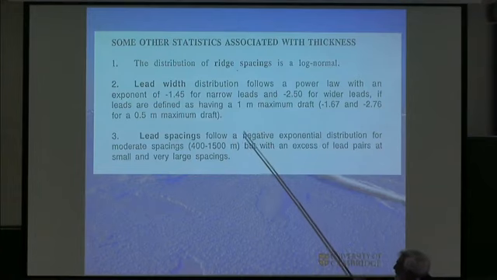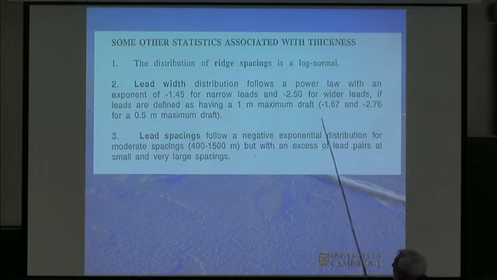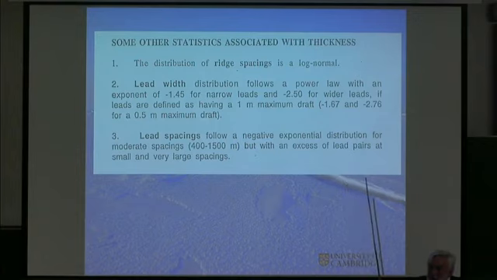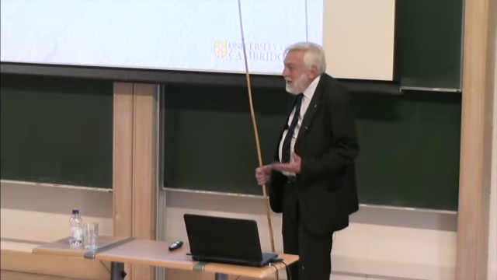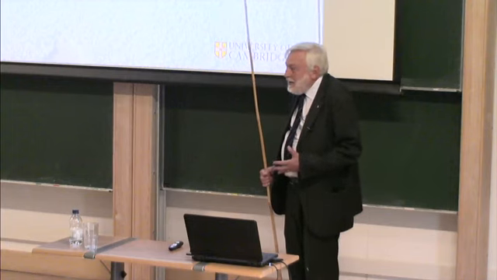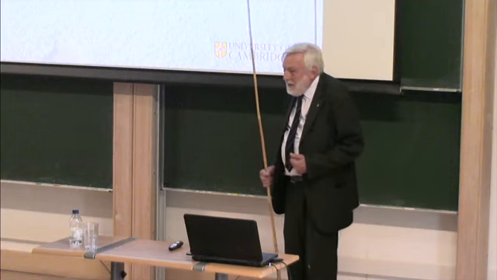So the narrow leads had this 1.45 and wide leads had 2.5, and so when you get something like that, you start to be a bit suspicious that maybe it's not a power law, but it's something else. So it may be, yes, you may be right that by looking at more leads, you might be able to come up with a different distribution. But it doesn't jump out at you the way that the negative exponential and log normals do.